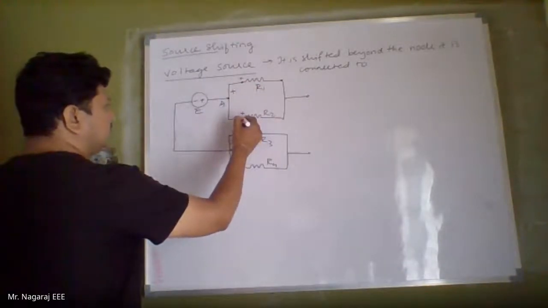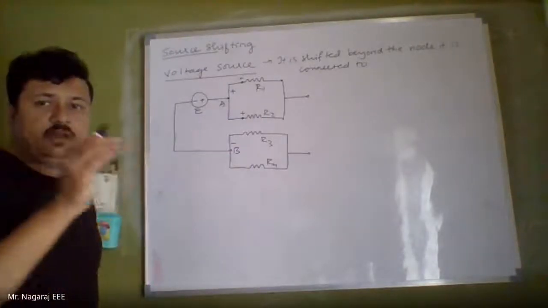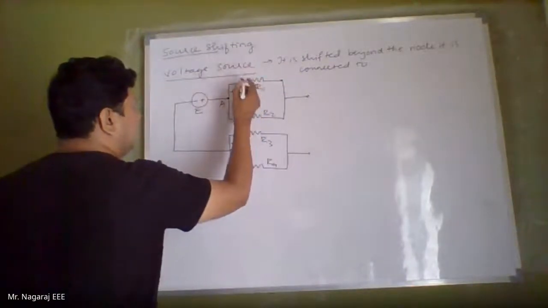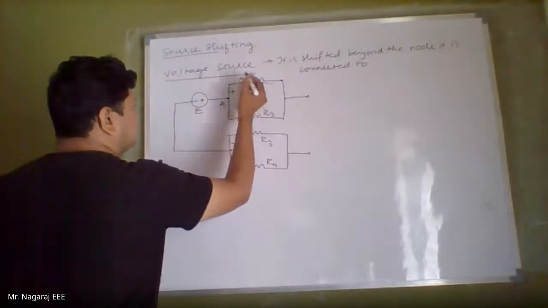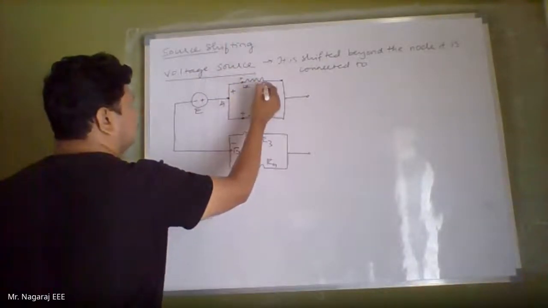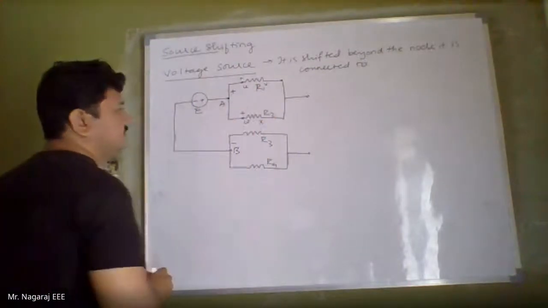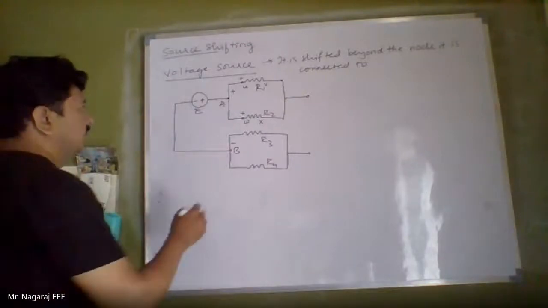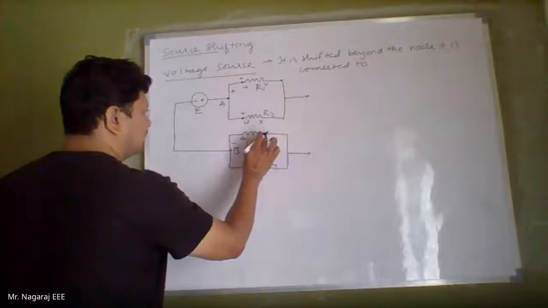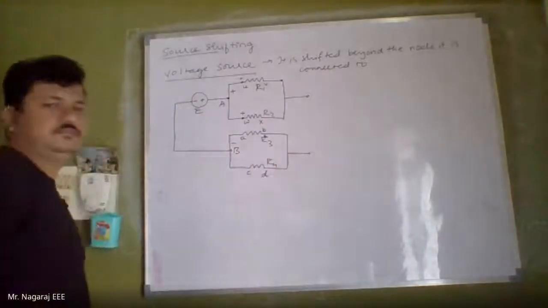R2 is at positive potential with a terminal connected to node A. If you want, you can name the terminals of R1 and R2. Let me take these as U and V, W and X. You can take them as small a, b, c and d.